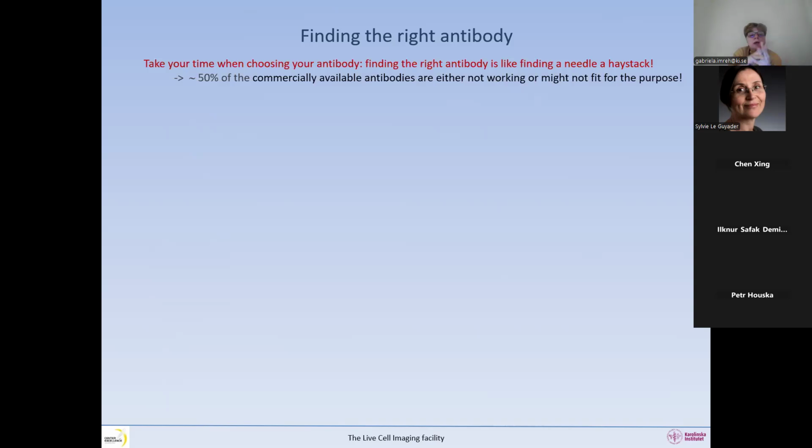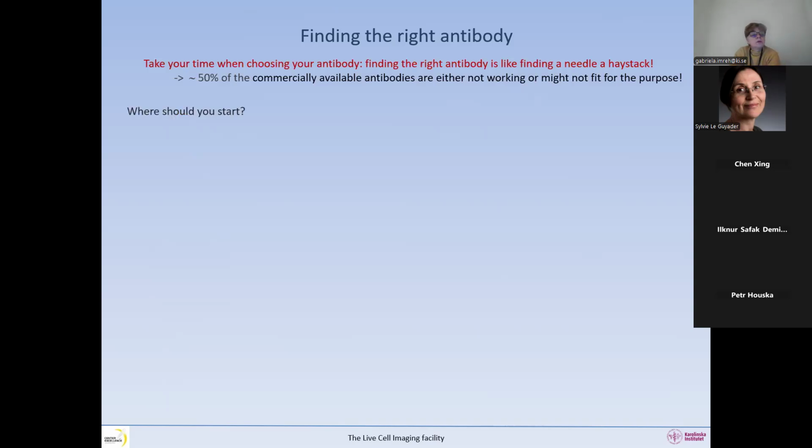There are many places to look, but you also have to be very careful when choosing the antibody, because 50% of the commercially available antibodies are either not working or might not fit the purpose of your experiment. But you have to start somewhere.